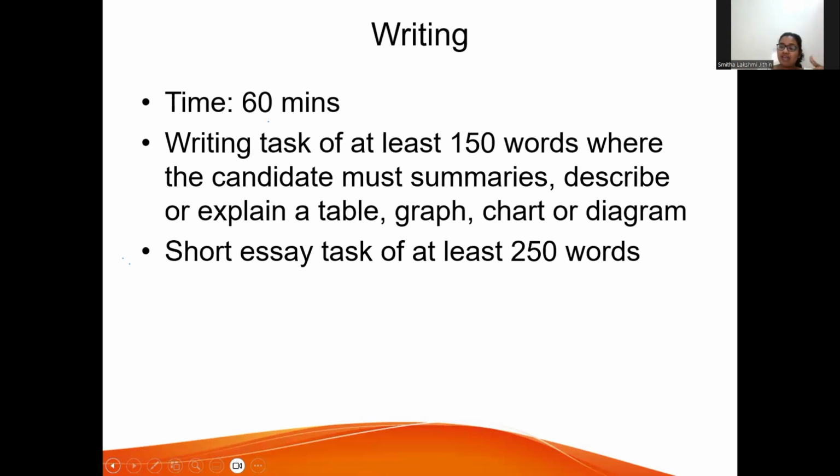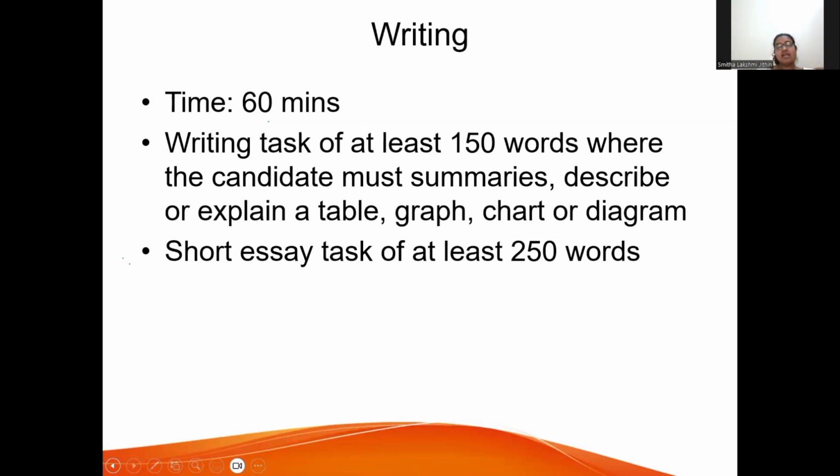But I will be giving you an orientation class in detail, because if I am doing everything in a single one, it will be prolonged, which will make you bored. So I don't want to make you bored. For the time being, let it be like this. In writing task number one, you have to write 150 words, where the candidate must summarize, describe or explain a table, graph, chart, or a diagram.